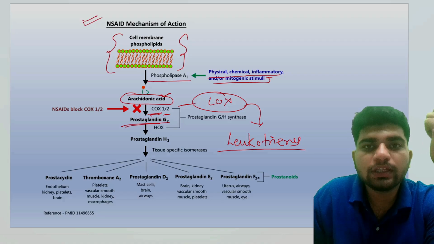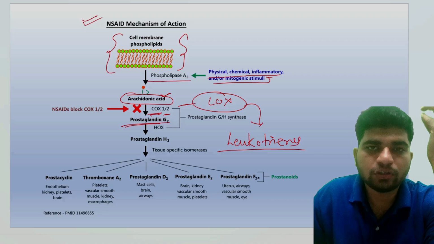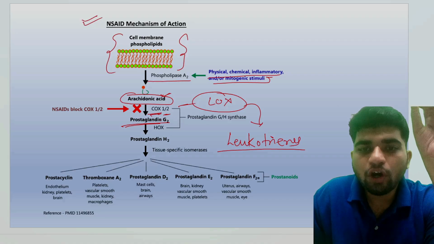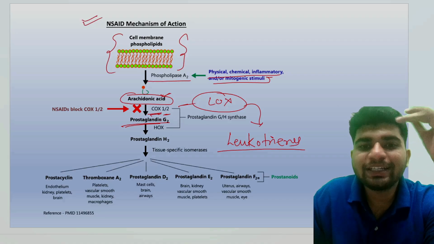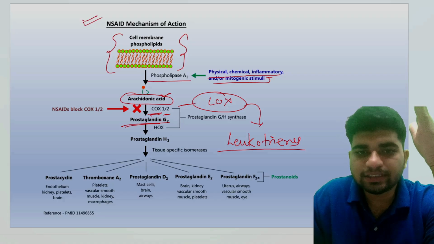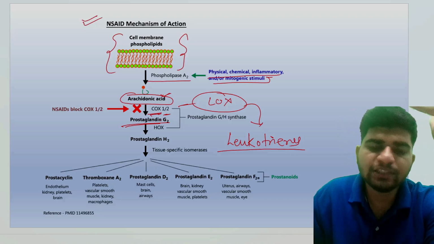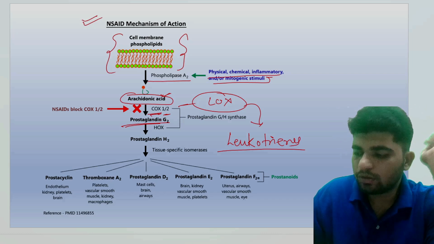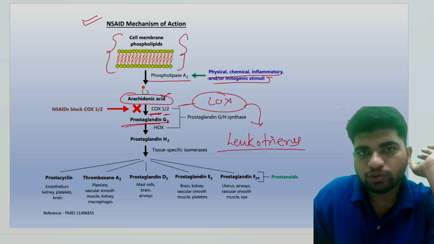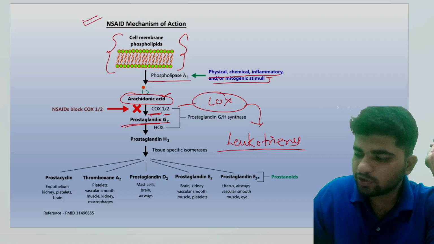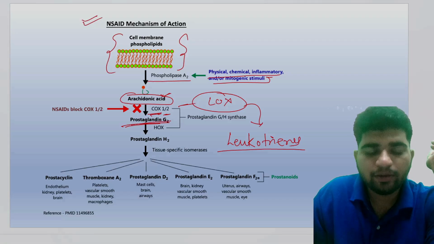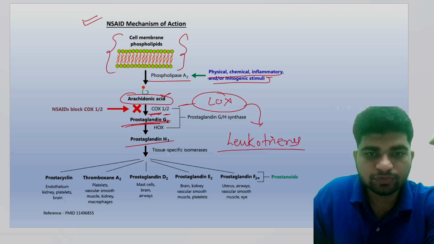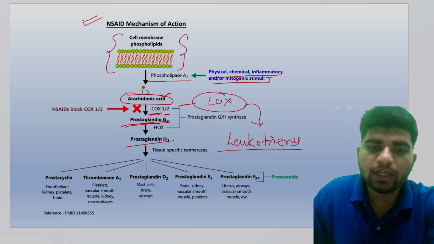Prostaglandins and leukotrienes are also local hormones. COX is for prostaglandins, LOX is for leukotrienes. COX-1 and COX-2 enzymes generally produce prostaglandin G2 and prostaglandin H2.